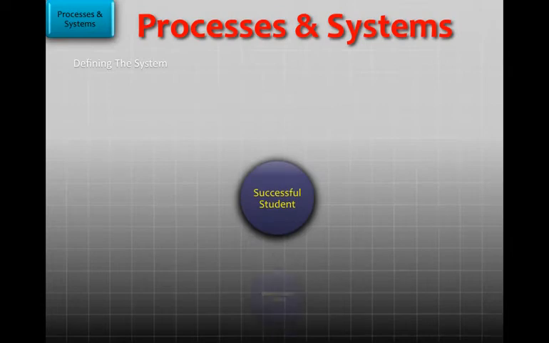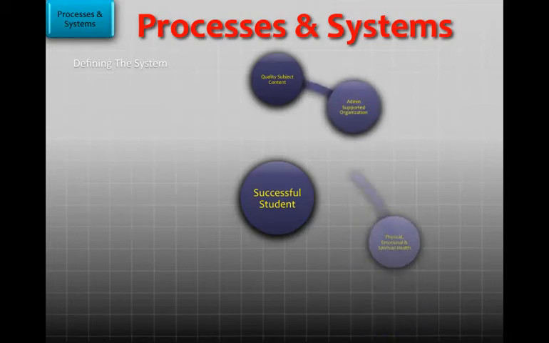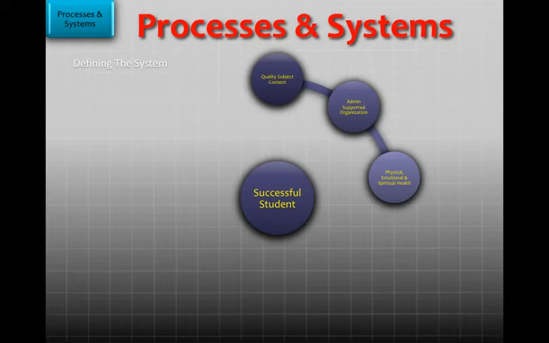Having a successful student means that you also have a system in place that has quality content. It has managers and administrative support personnel for the entire organization. There's a healthiness about that organization that allows it to thrive.